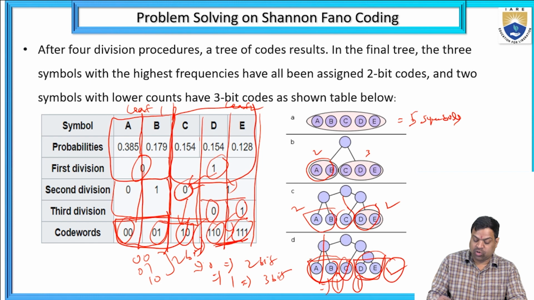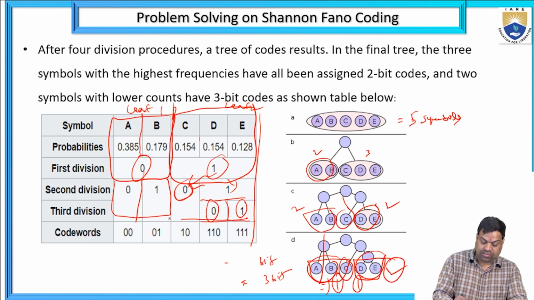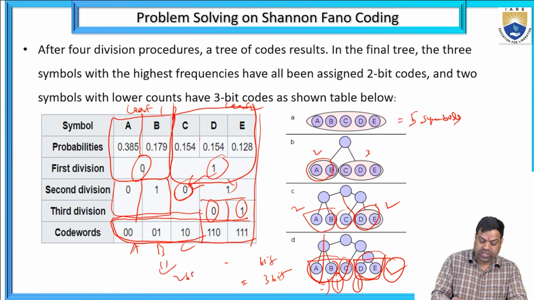So A, B, C one group means 2-bit, and D, E is 3-bit.